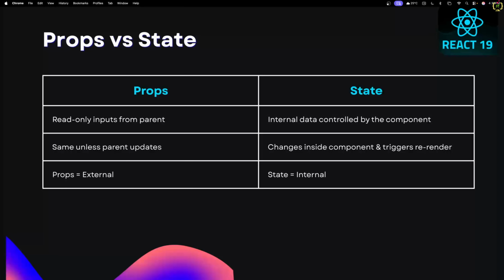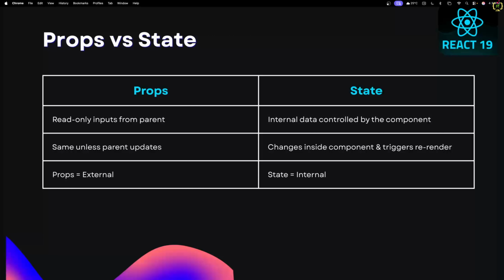That's why this is called interactive or reactive, because on every change of state, this will re-render the UI. For example, when you type in an input field, press a button, or even toggle dark mode to light, all of these actions need the component to remember something, and that memory is state.